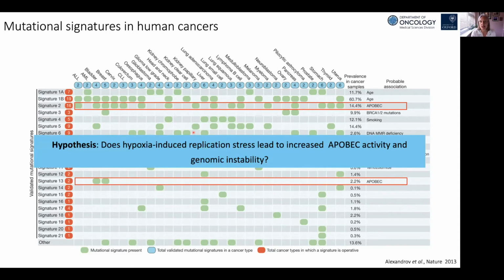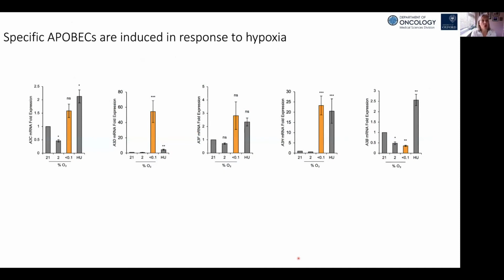So this led us to propose this very simple hypothesis. We wanted to know, was it possible that hypoxia-induced replication stress would lead to apobec activity and therefore genomic instability? So we started off by very simply asking what happened to apobec expression in hypoxia. And so we looked by qPCR at the expression of the apobecs that we could detect in our cell line.